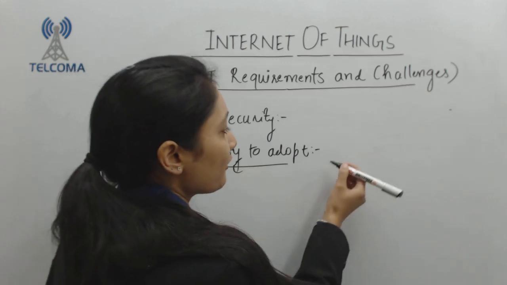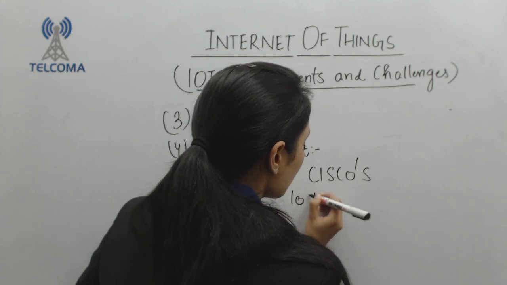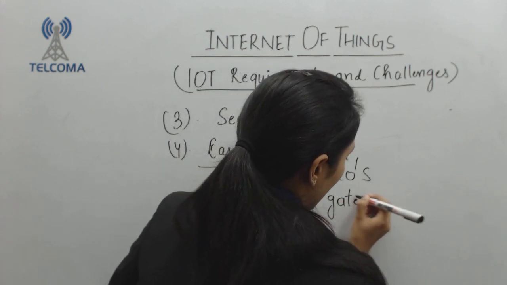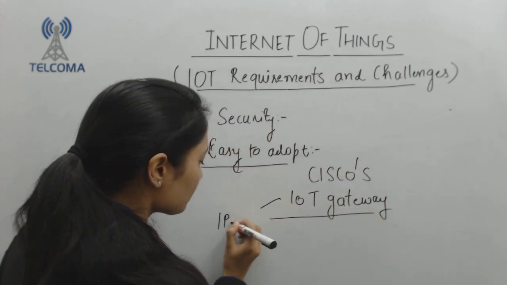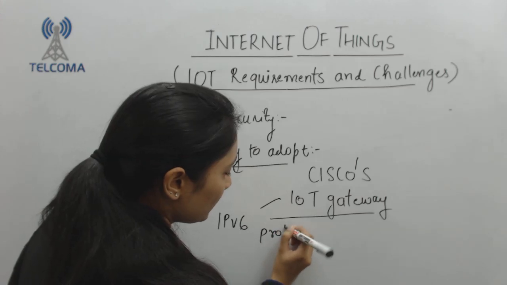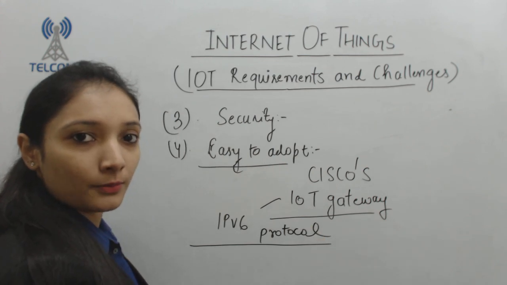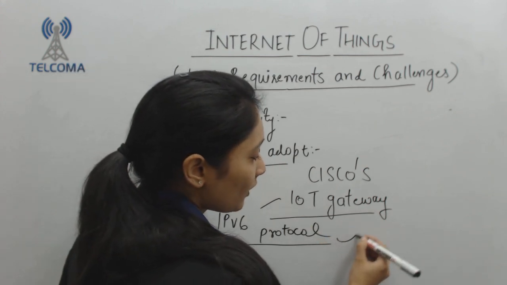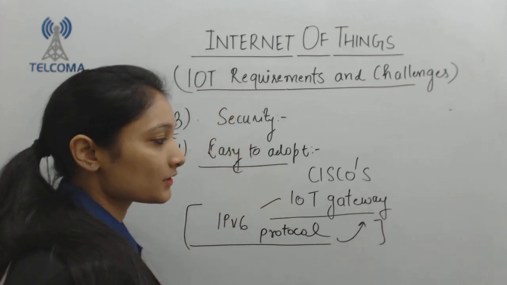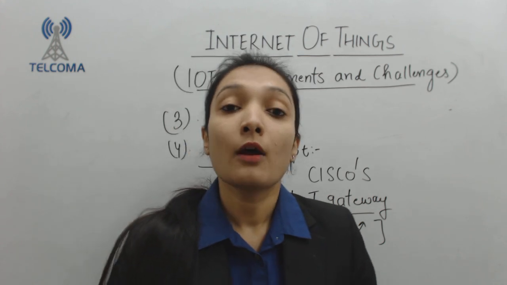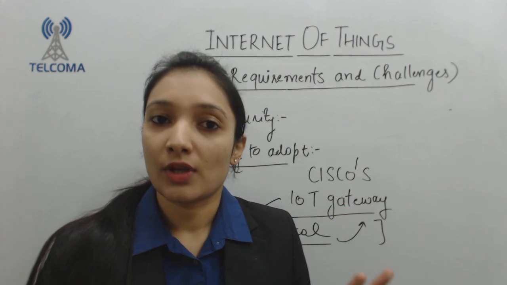Now, for example, Cisco's IoT gateway has adopted a complete IPv6 protocol stack, which provides complete interoperability, or we can say that it provides a platform such that a number of equipments from different vendors are able to exchange that information.